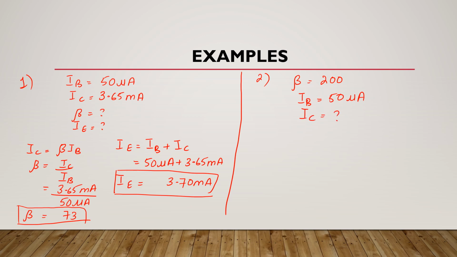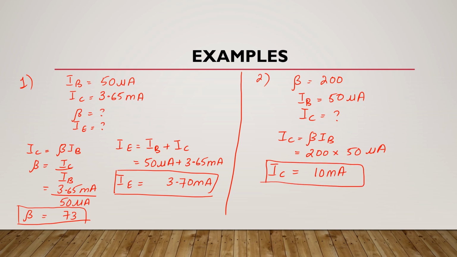Again you will use equation 4, which is IC is equal to beta IB, and here beta is 200 and IB is 50 microamperes. Now after solving this you will get IC is equal to 10 milliamperes. So this is your answer.